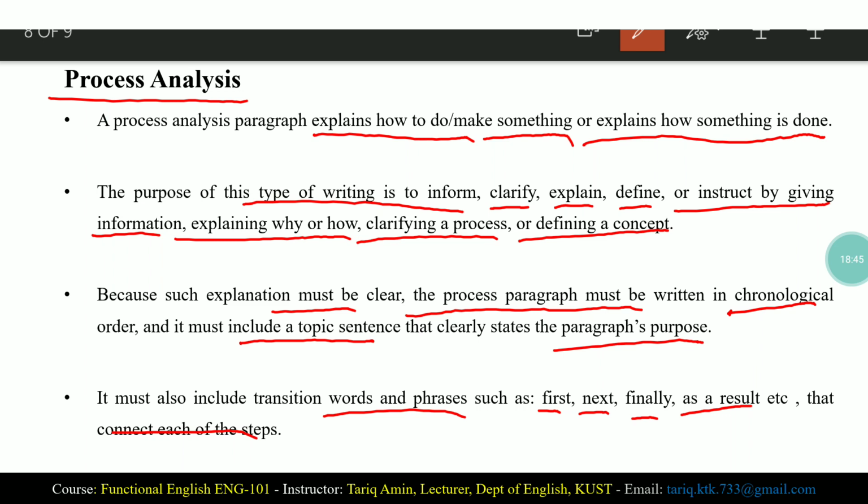After that, you need to boil it, and this is how we cook biryani. So it is the process analysis. You explain the very process of cooking biryani to your friend in a step by step manner. You instruct your friend on how to cook biryani in a stepwise manner.